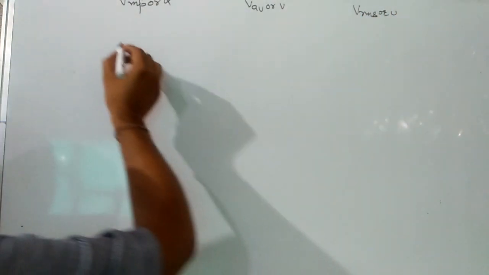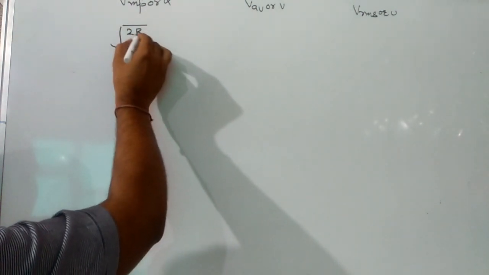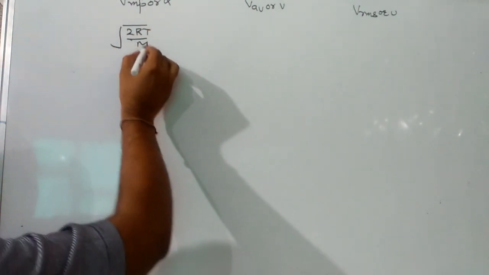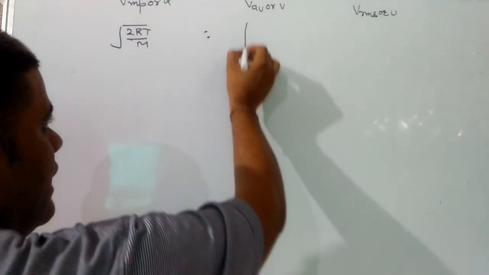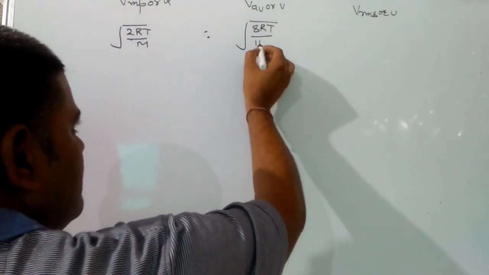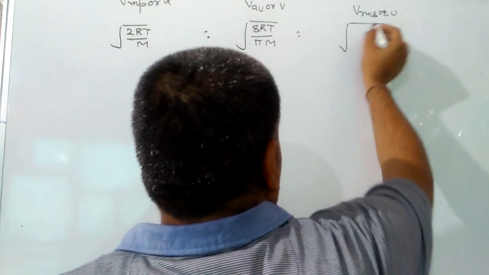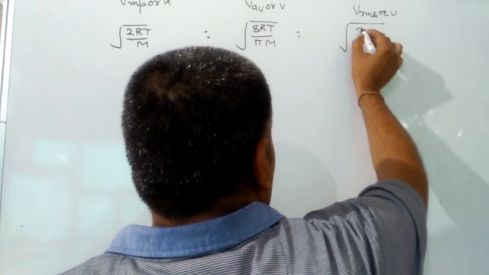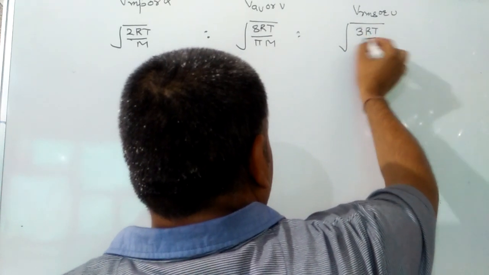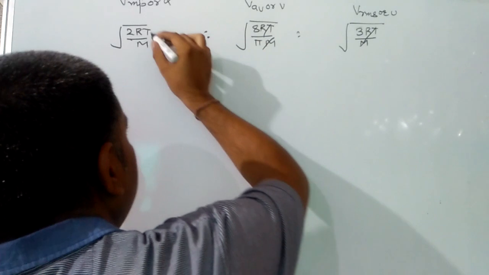Now we can put their values here. First is root 2RT by M, then root 8RT by pi M, then root 3RT by M. Now we can divide each term by root RT by M.